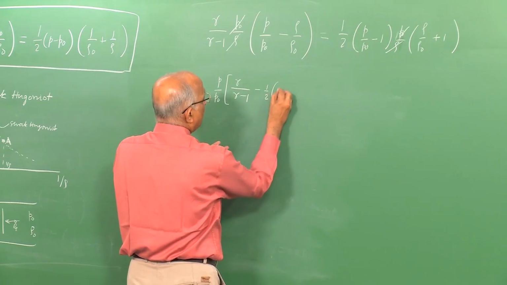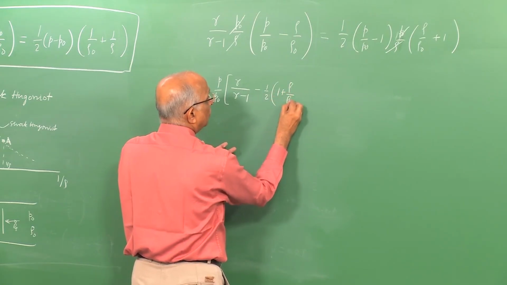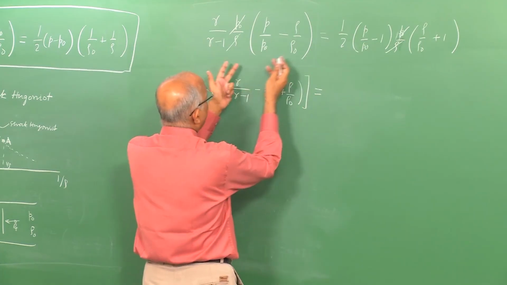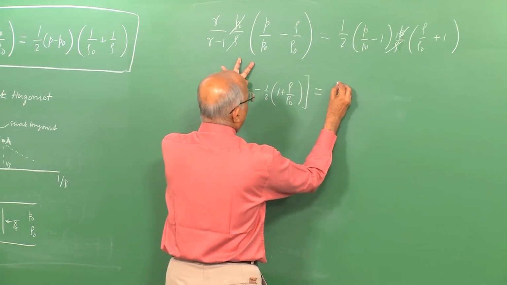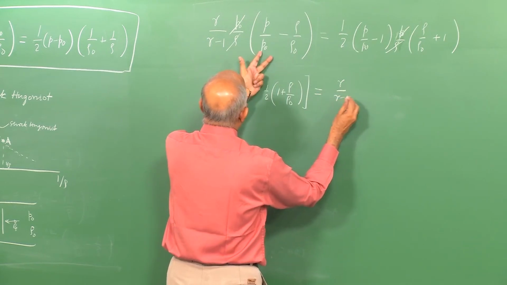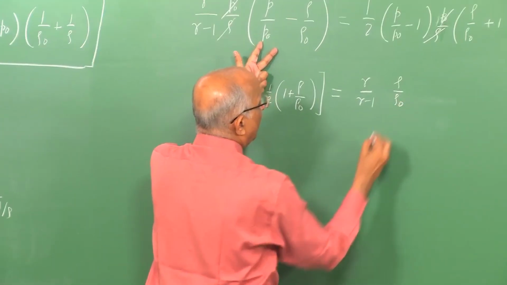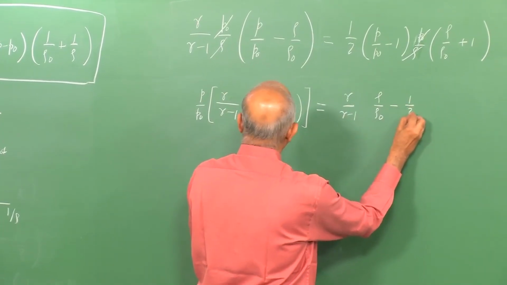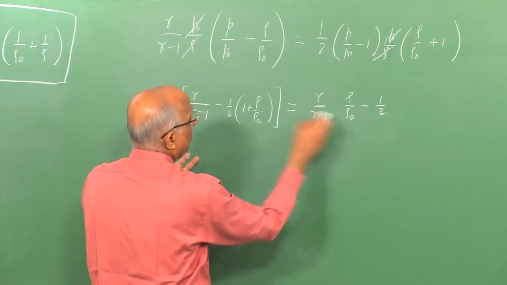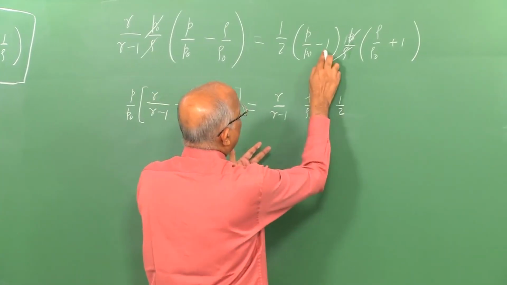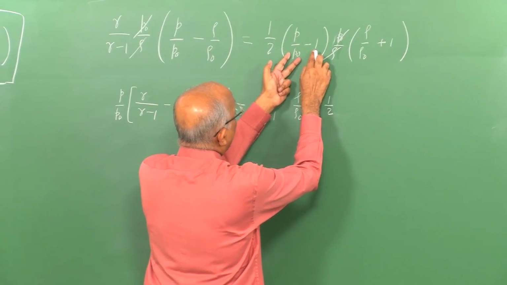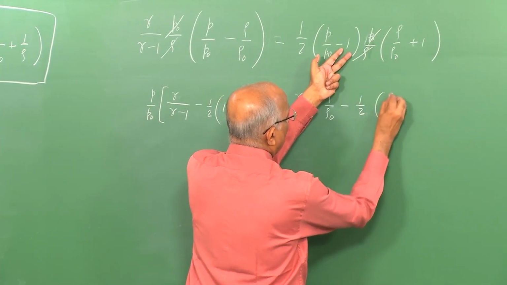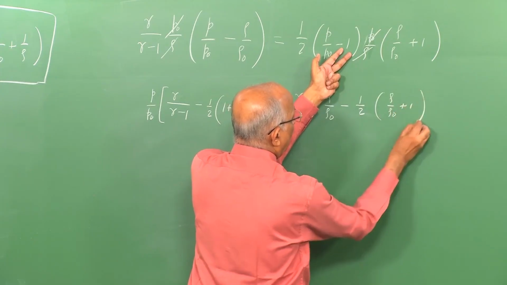It becomes 1 plus rho by rho0, and now I go to the other side, I have this value, therefore I get gamma by gamma minus 1 into the value of rho by rho0, and what am I left with? I have minus half, I brought P by P0, I still have minus half over here into P by P0, therefore this becomes P by P0 into this, now I have minus half into rho by rho0 plus 1 over here.